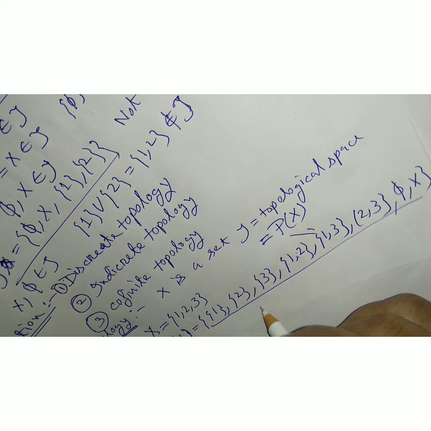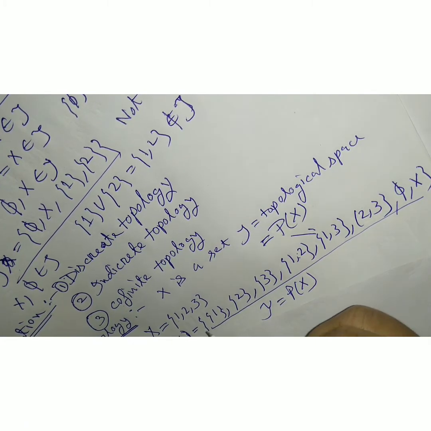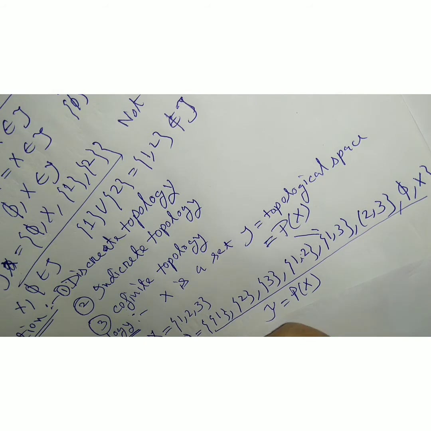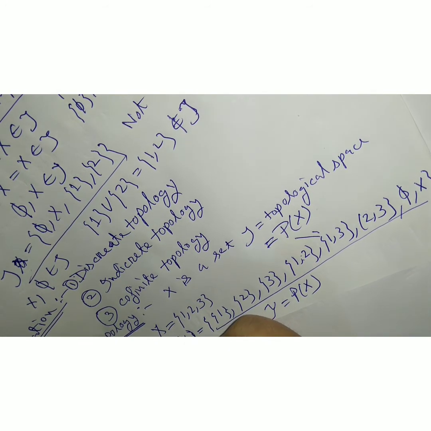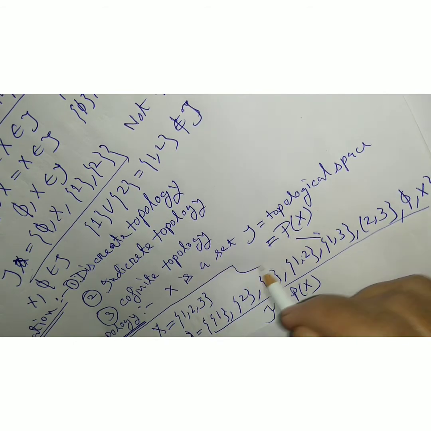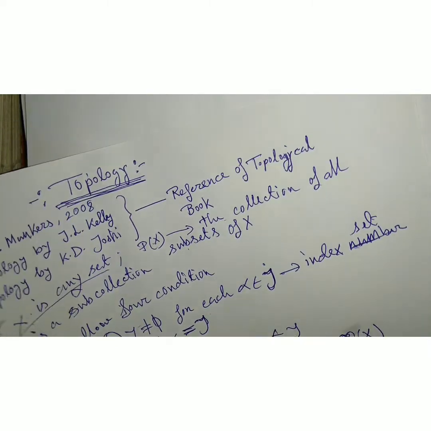And if tau is equal to PX, this is the discrete topology. This is an example of discrete topology. Clear friends? I hope it is clear for everyone.